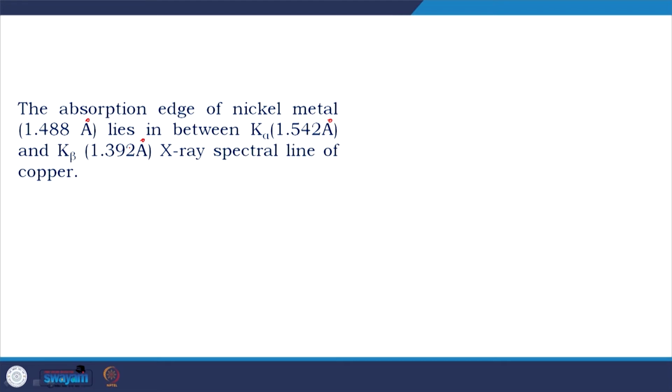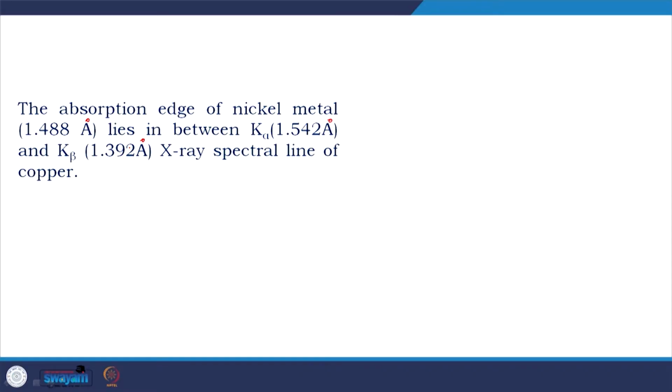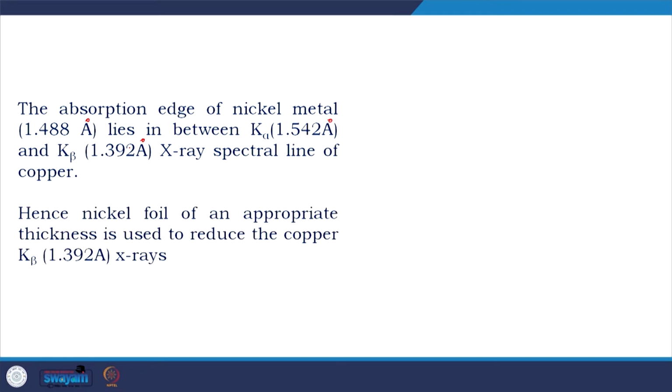You know, copper is used especially for protein X-ray, and it is a very fortunate situation that nickel's edge is in between the K alpha and K beta, so they could easily be separated. Hence, nickel foil of an appropriate thickness is used to reduce the copper K beta X-rays.